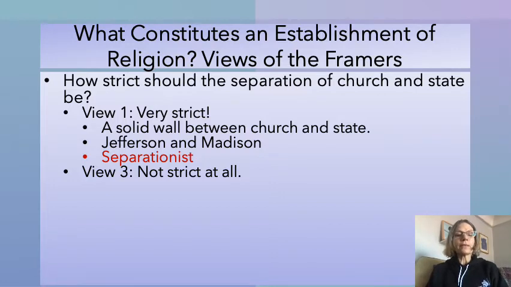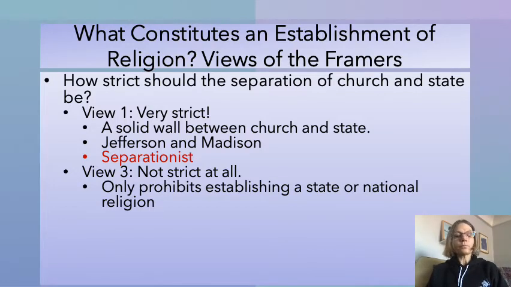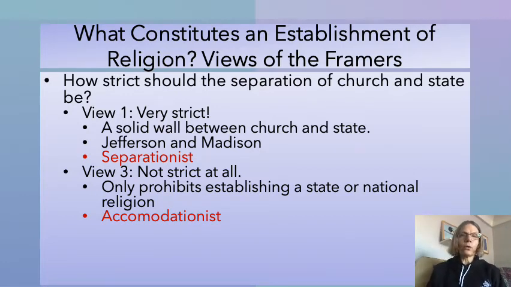And so view 3 is the accommodationist position that interprets the establishment of religion as meaning that the only thing the First Amendment prohibits is actually establishing a state or national religion. So it only prohibits saying that the state religion of Wisconsin would be Catholicism, or that the national religion would be Episcopalianism. That's the only thing that the First Amendment prohibits from this third viewpoint, the accommodationist viewpoint.